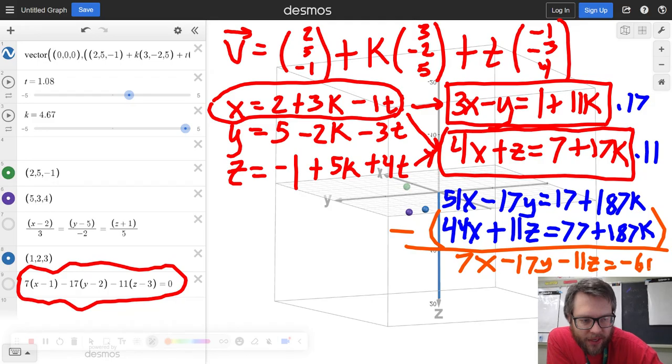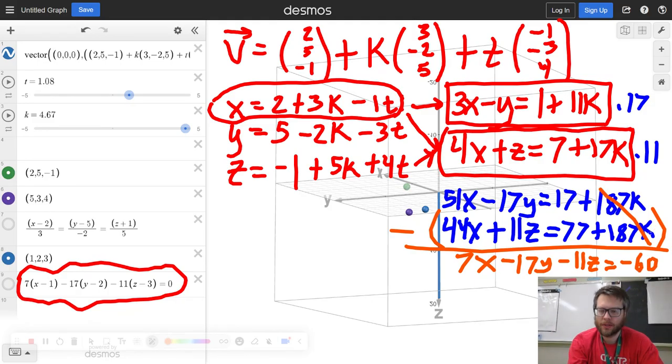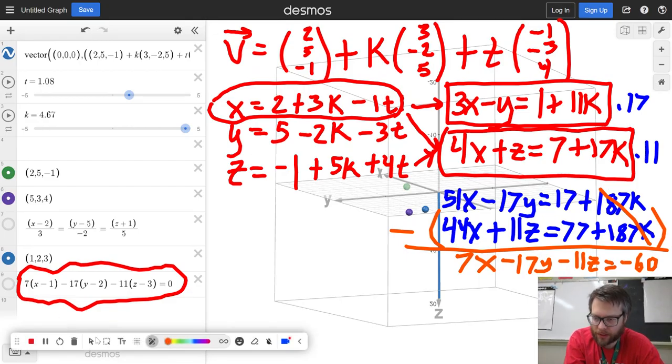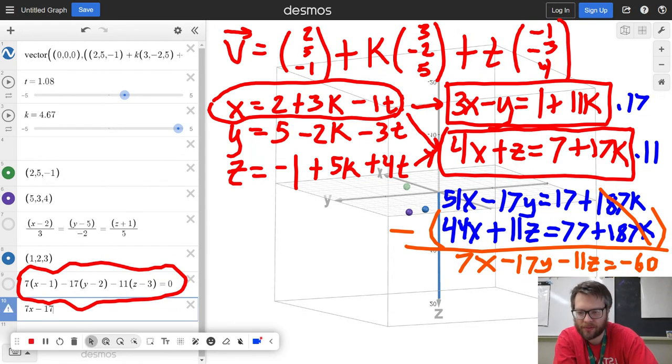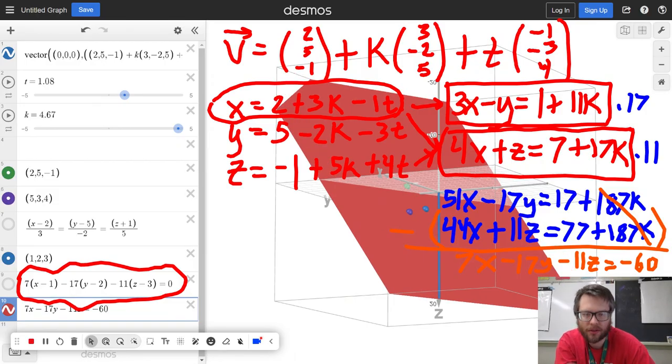And the k's cancel out because they're both 11 times 17. So we now have a new equation, and it's totally possible I made a little arithmetic error, but let's see if it works. 7x minus 17y minus 11z equals negative 60.